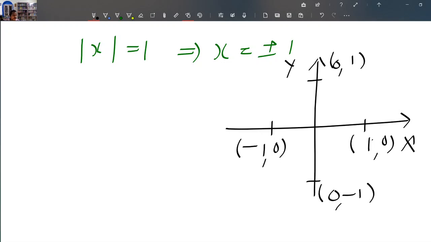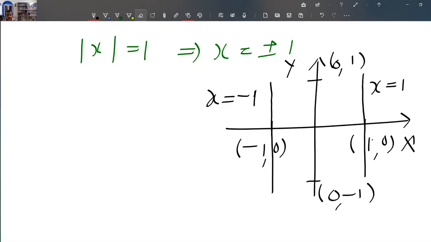Then between plus 1 and minus 1, x equal to 1 is this line segment, and this is x equal to minus 1. It starts from here and goes up to here.